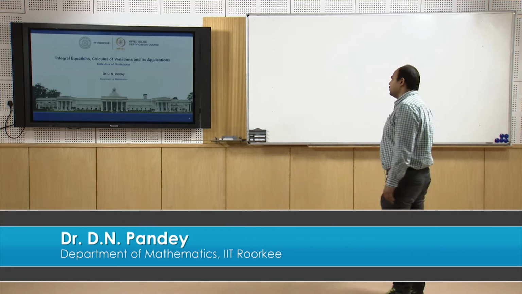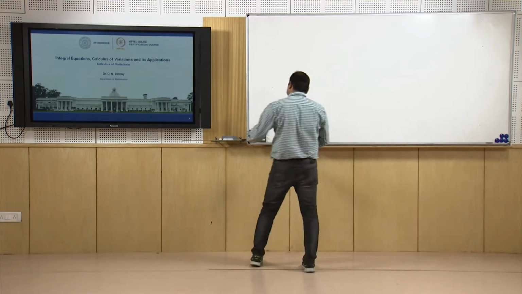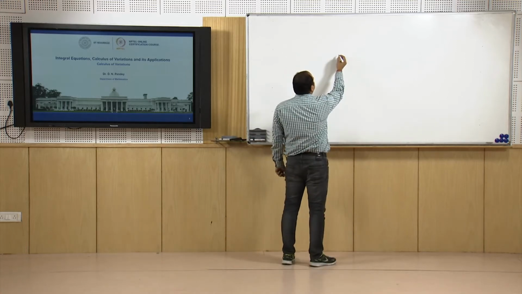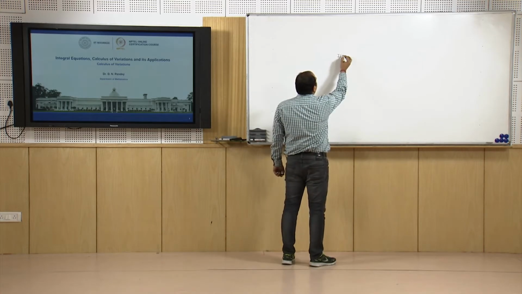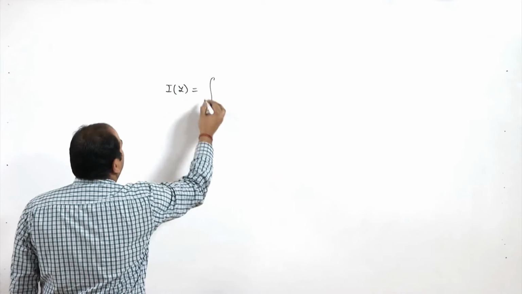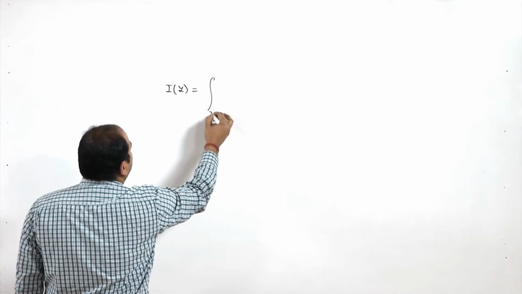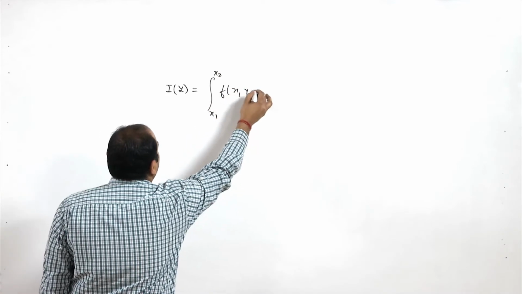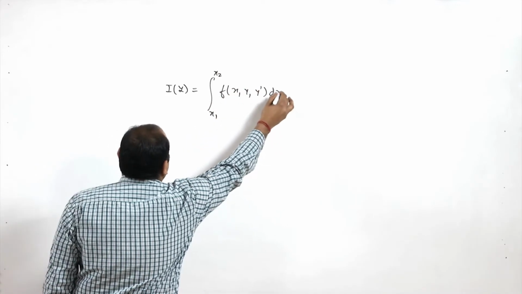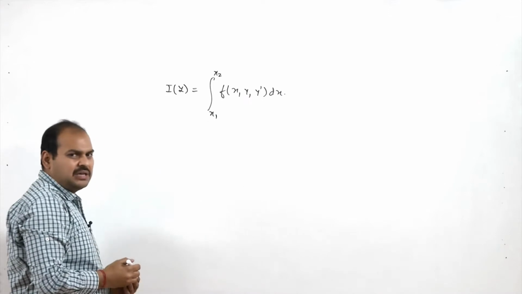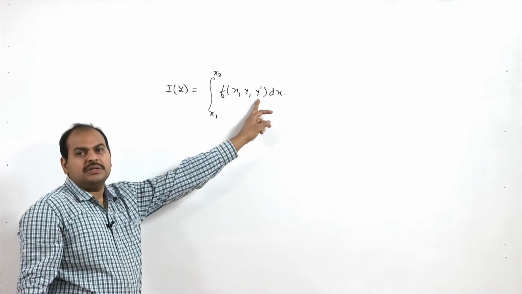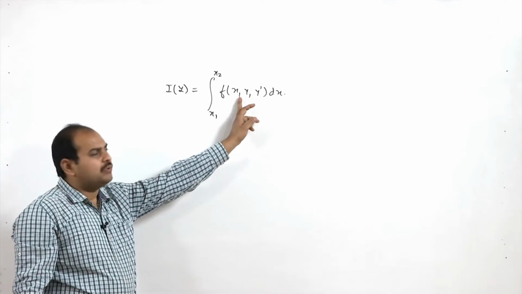If you see, we have discussed in the previous lecture the concept of functionals. So here we started with the definite integral I of y, defined as the integral from x1 to x2 of f of x, y and y dash dx, and we have seen that the value of this definite integral depends on the function y of x.